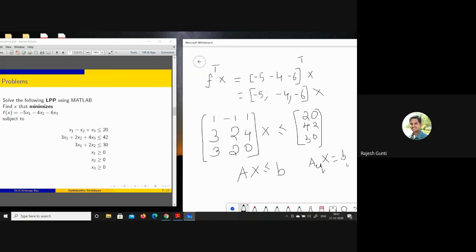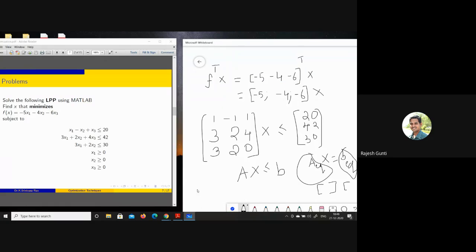Here A equality is null, B equality is null. There is no A matrix, no B matrix, because both are null, these are empty. Why? Because all are less than or equal to constraints, inequality constraints. No equality constraints.